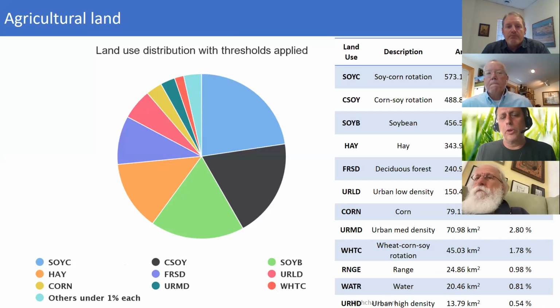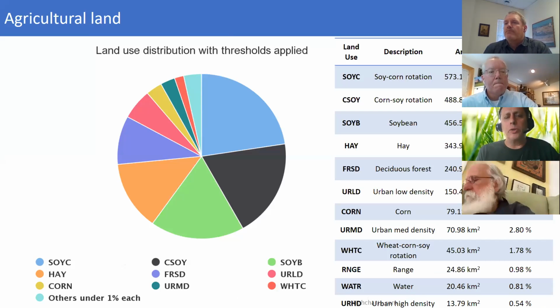Shown here is a pie chart of the various land uses that we considered for this region. The most common ones are soy, corn, or corn-soy rotation. And it seems like, why do we have both of them? Well, because they're rotations, almost half of the rotation is in soy and the other half is in corn.